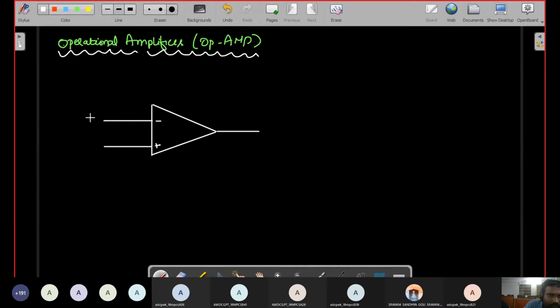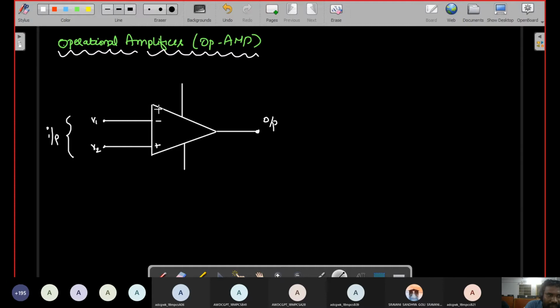So this is V1 and this is V2. These terminals are called input terminals, and this is output terminal. And we have two more power supplies needed to work this operational amplifier. This is the positive VCC and this is the negative VCC.